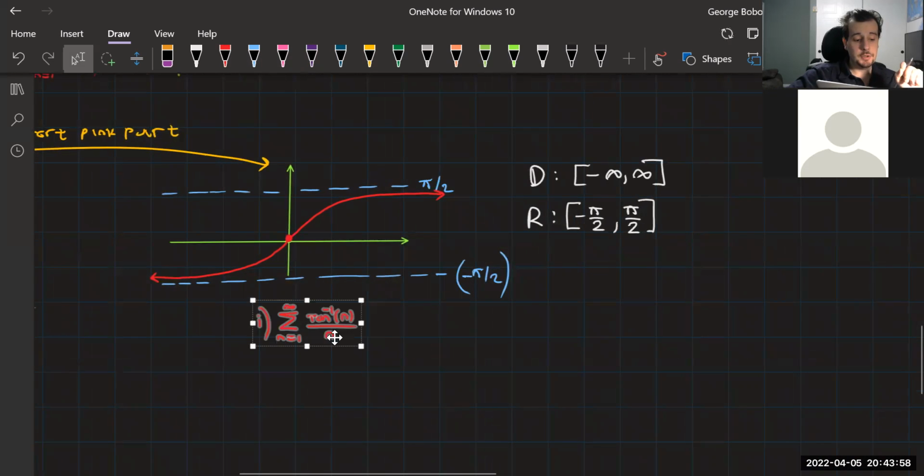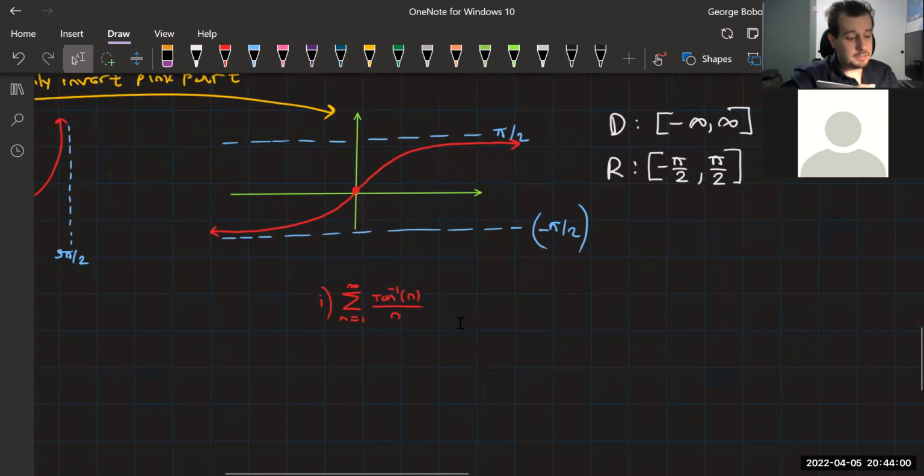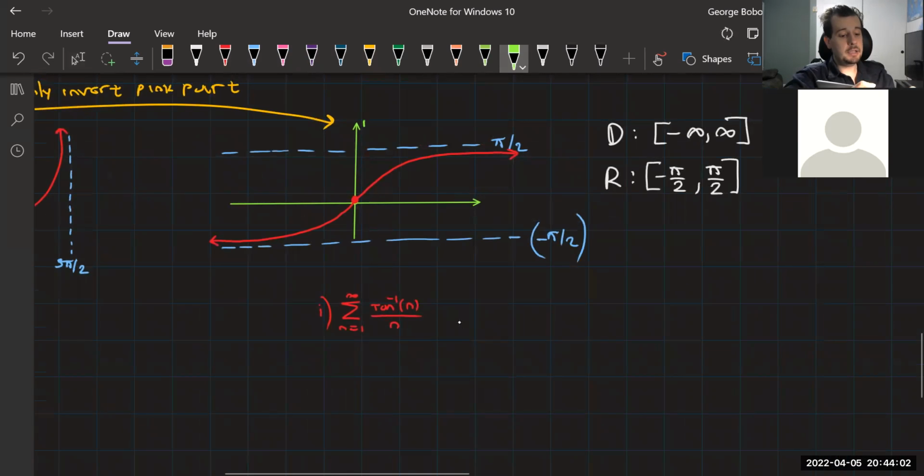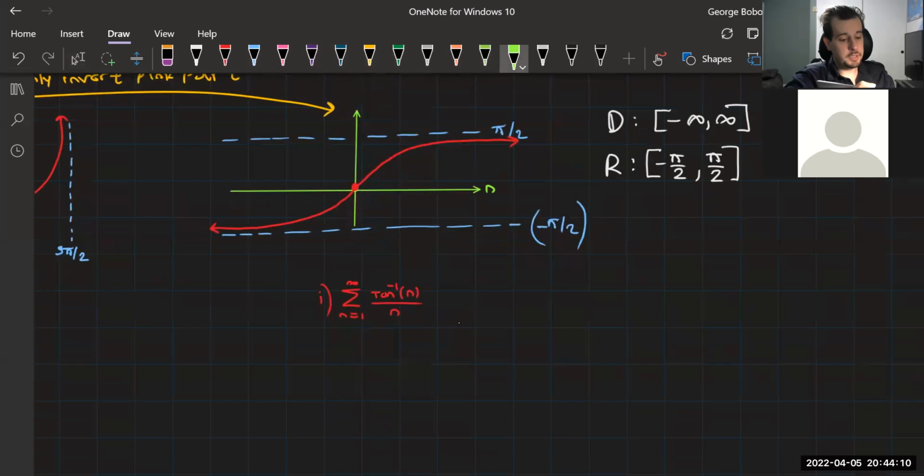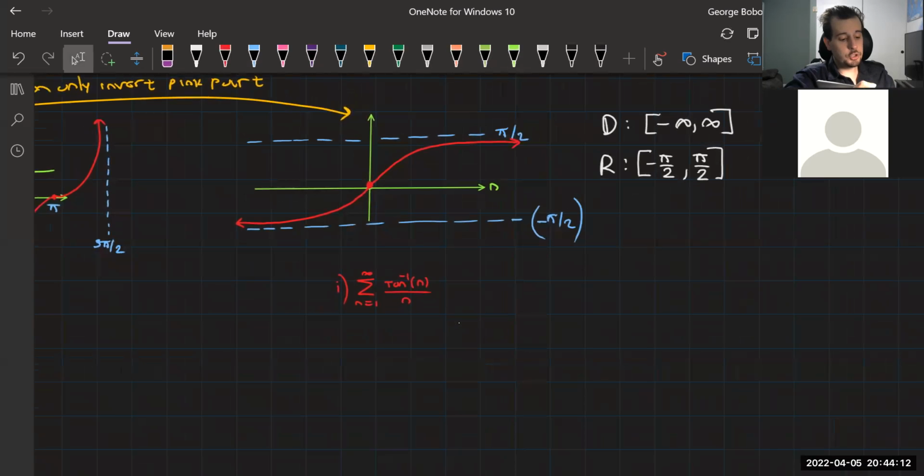That's hard to catch. So think of this as being your term axis over here, and this being your n right now. You're starting the series. Hopefully, I catch this well in the recording. You're starting the series at n equals 1, which means you're somewhere over here. And that means now you're always going to be positive forever.